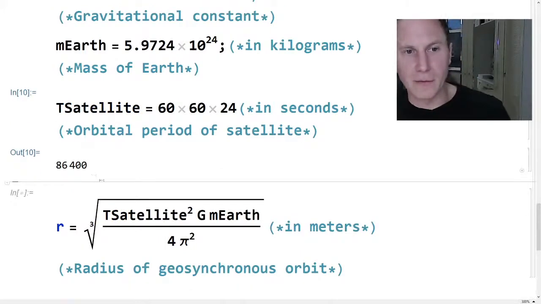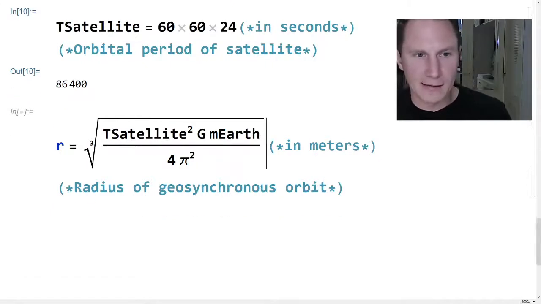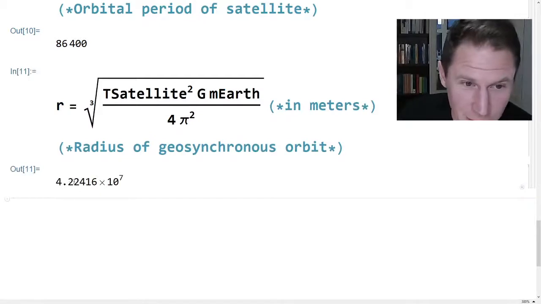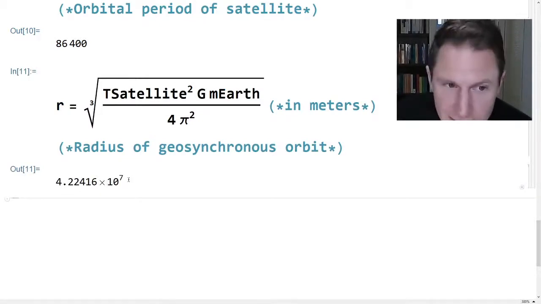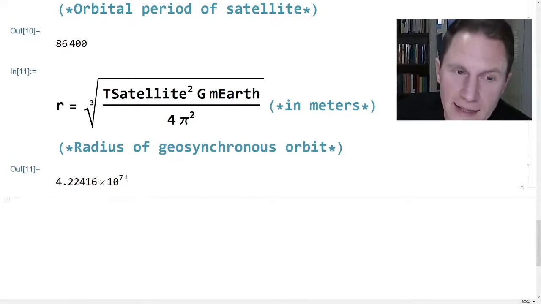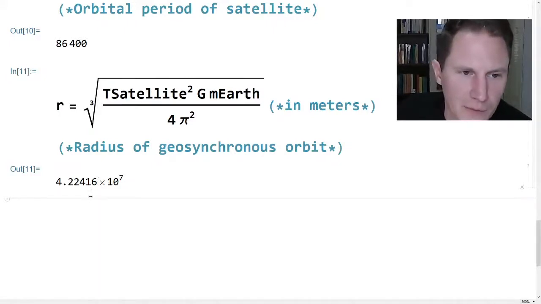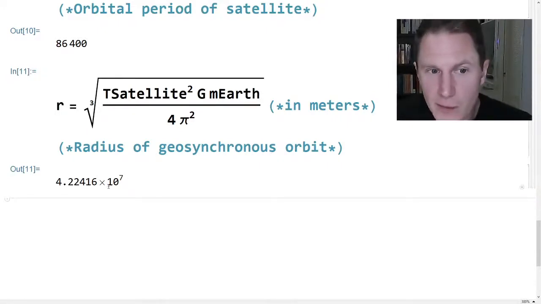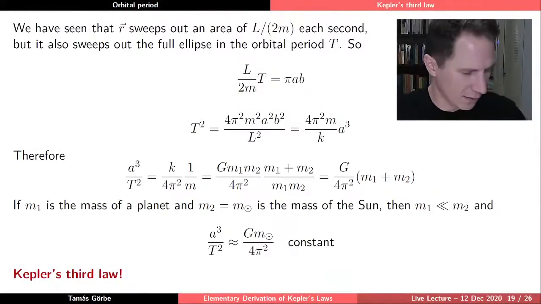Well, of course, the number of seconds in a day is 86,400, and the size of the geosynchronous orbit is 4.22 times 10 to the 7th meters. So that is something like 42,000 kilometers, if I'm not wrong. If you look this up, the radius of the geosynchronous orbit, you will find a number that is pretty close to this number that we just got.